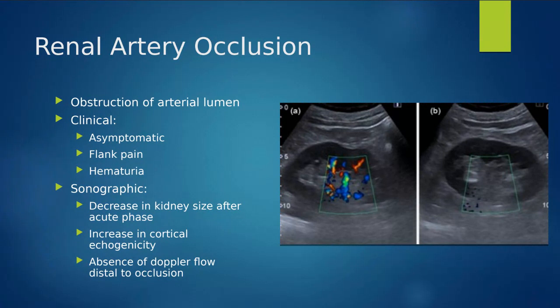The testicle swells because it's like, help me, I need blood supply, I need something here. And then it's not getting it, so it's like, all right, I just got to give up, right? And then it gets smaller. So the initial acute phase of an artery occlusion is going to result in an enlarged kidney, and then once it realizes it's not getting rescued, nothing's coming to help it, that's when it starts to decrease in size. And of course, with any type of occlusion, we are not going to see any blood flow to that organ.